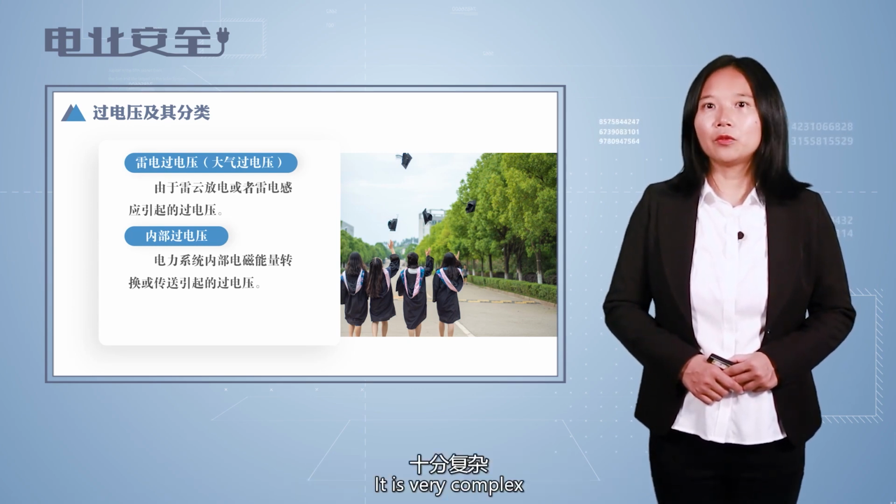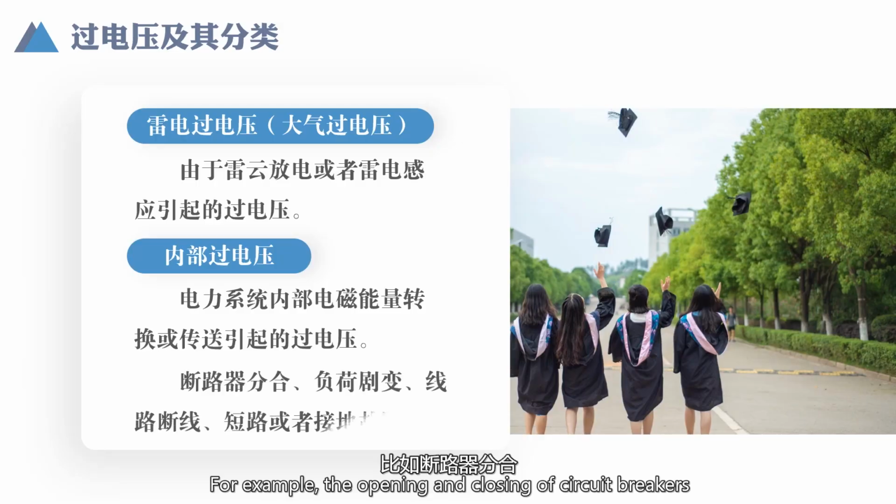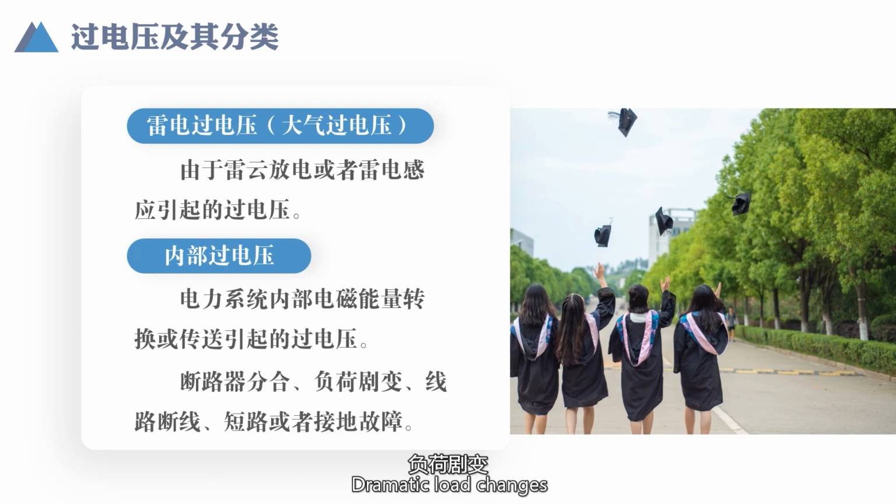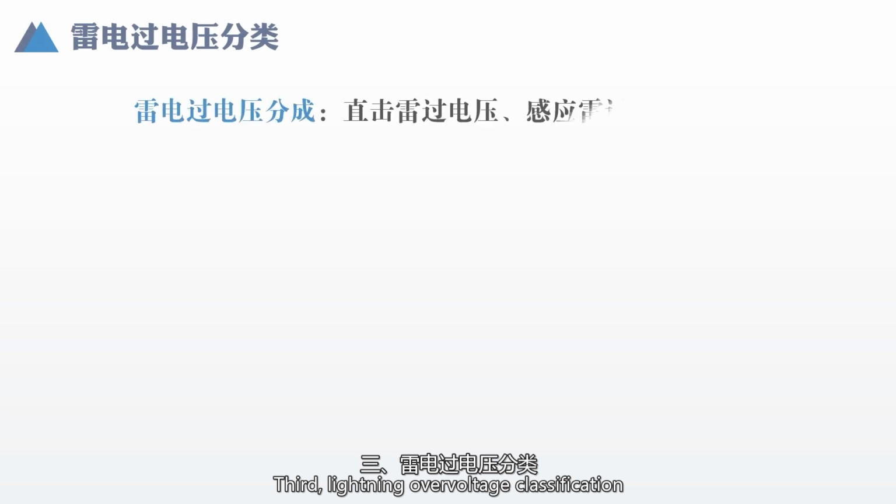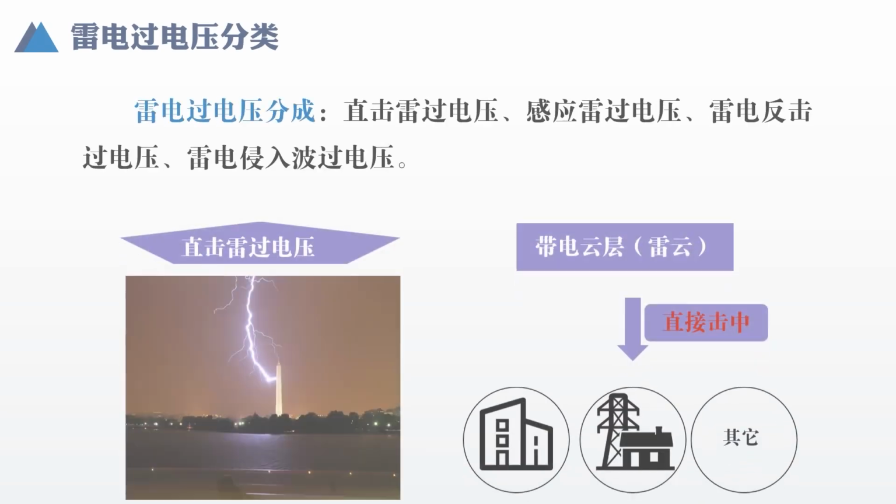For example, the opening and closing of circuit breakers, dramatic load changes, line breaks, short circuit or ground fault may cause internal overvoltage. Third, lightning overvoltage classification.